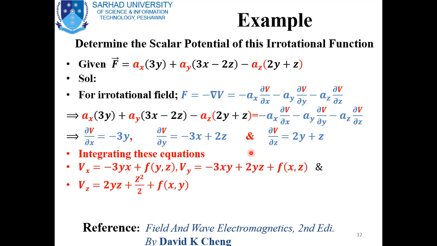And finally we can also integrate the last term with respect to z, and we will obtain v is equal to 2yz plus z square divided by 2, and some constant which is a function of x and y. So our scalar potential must be like minus 3xy plus 2yz plus z square divided by 2.